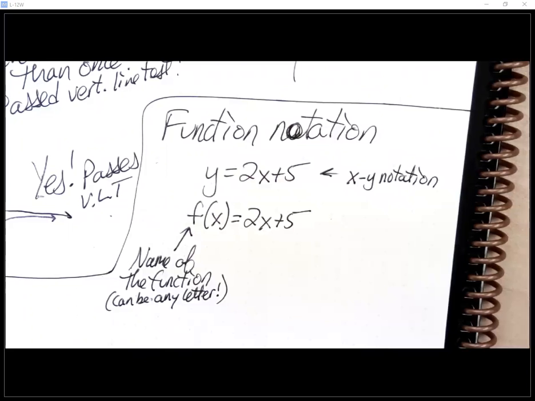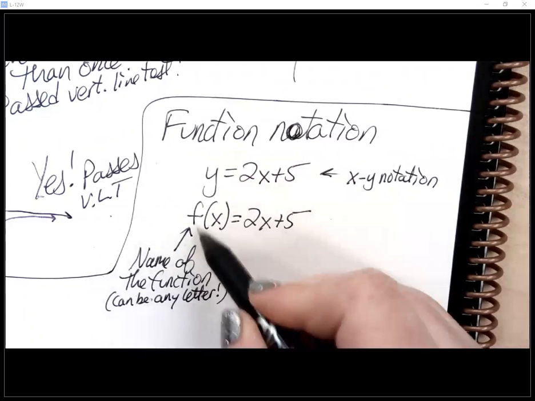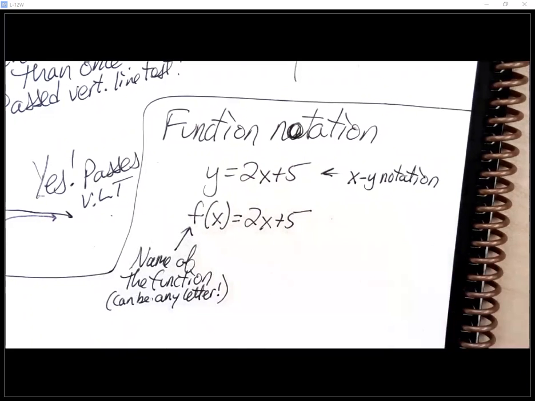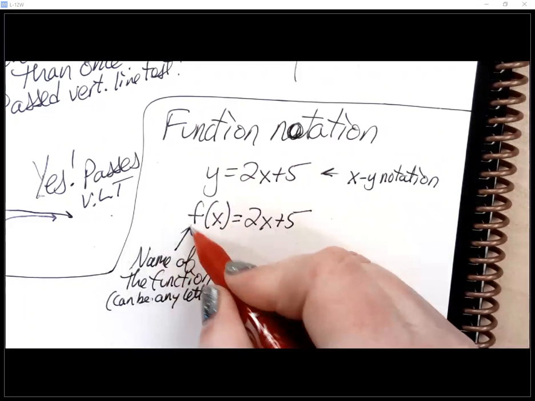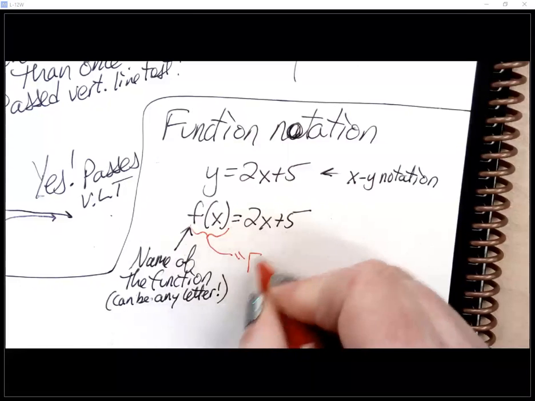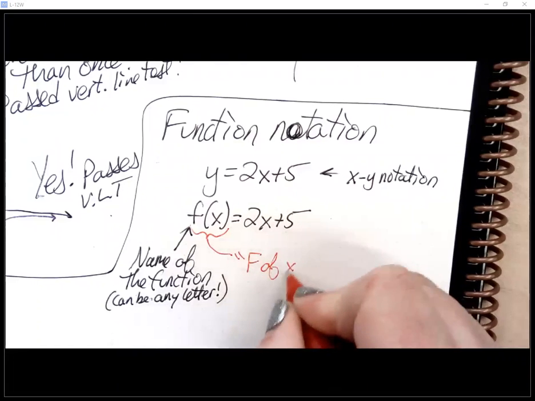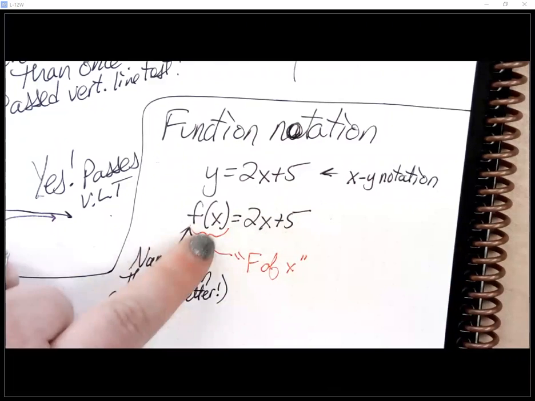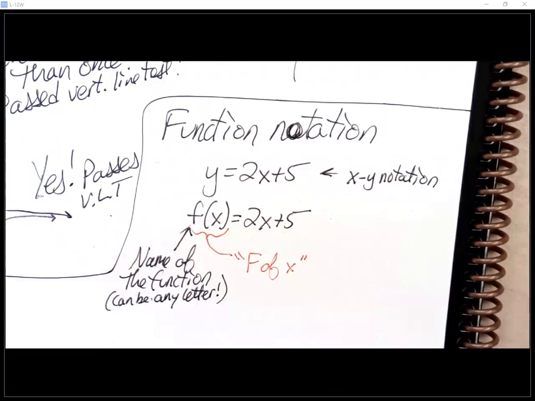So anyway, this does not mean F times X anymore. We say it out loud as F of X, which is kind of weird. And all it really means is, hey, whatever is inside that parenthesis, in this case, it's just an X, that's my input.